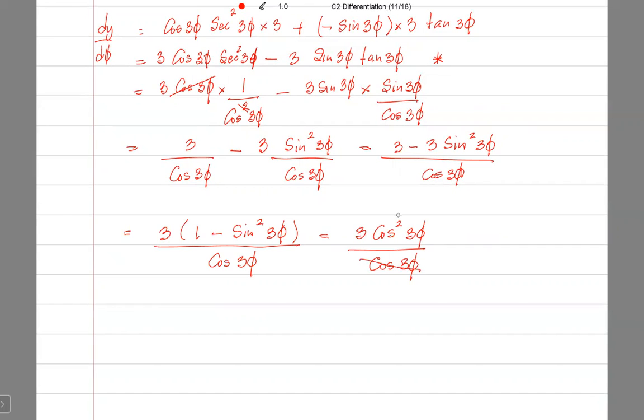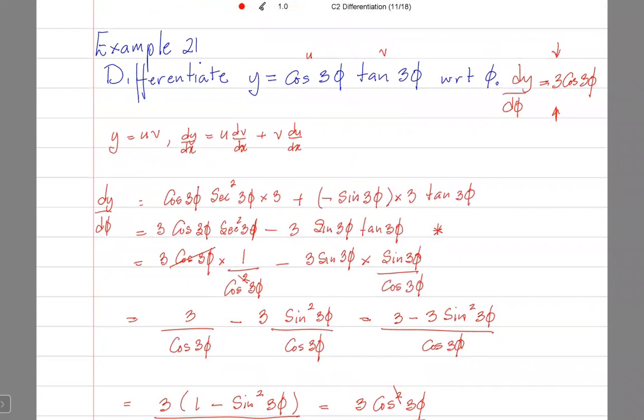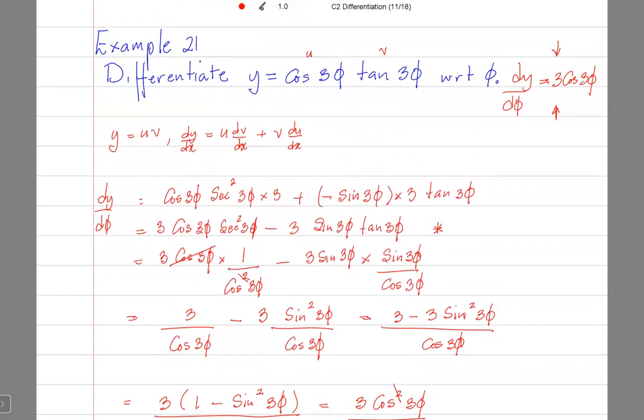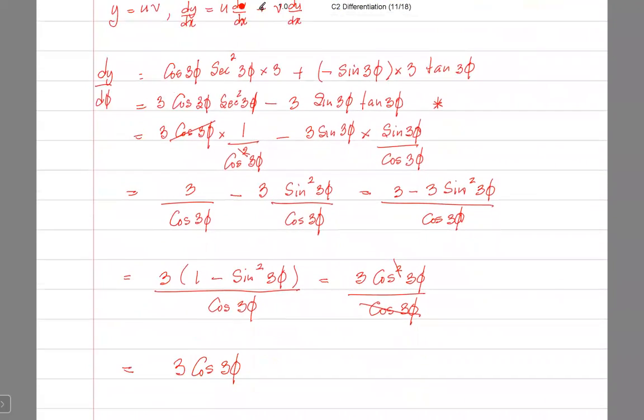Cos 3 phi into cos squared 3 phi is cos 3 phi. And so our final answer is 3 cos 3 phi, which is what the examiner was telling us that we should get. All right, so this is it, down to the final answer.